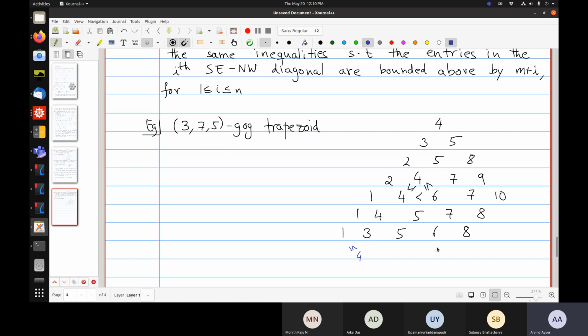This is less than or equal to 5, 6, 7, less than or equal to 8, less than or equal to 9, less than or equal to 10, like that. So the entries which are maximal are this 8 and this 10. Okay, so all other entries. So these are the maximal entries. Right? So you cannot go above 8 here. So this kind of saturates that inequality.